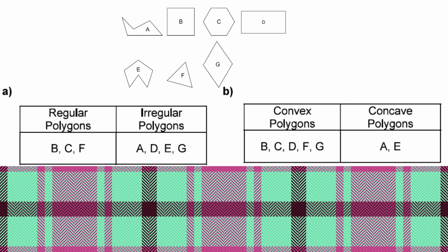Here, the regular polygons are B, C, and F, whereas the irregular polygons are A, D, E, and G. For the second part of that, whether they are convex or concave, the polygons that are convex are B, C, D, F, and G. And the concave ones are A and E.